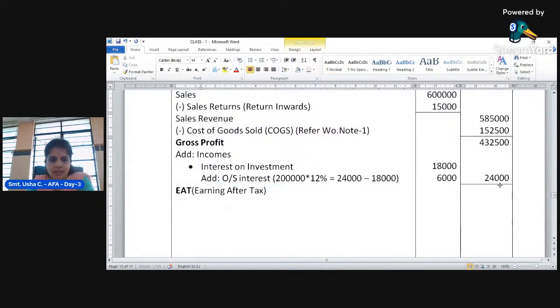Now next what you can do, you can add this profit to this 4 lakh 32,500, add this 24,000. 4 lakh 32,500 plus 24,000, it is 4 lakh 56,500. And for this is not earning after tax.